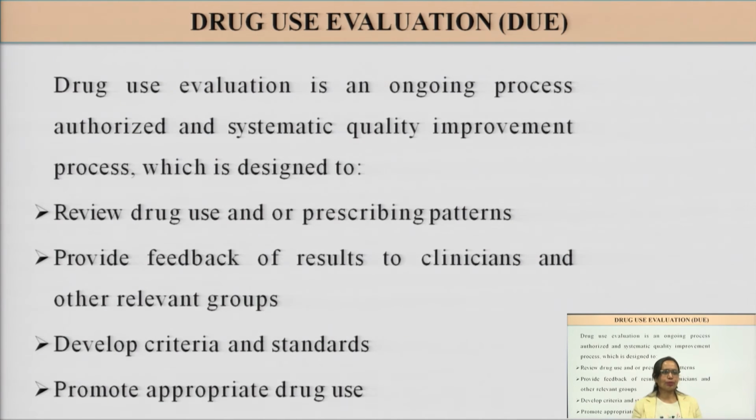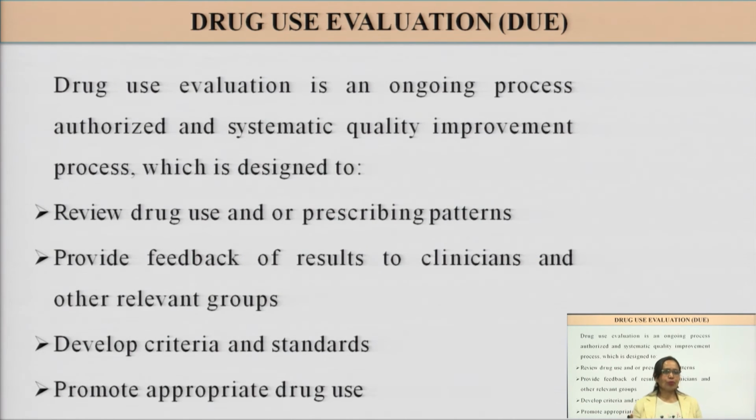And this drug use evaluation is also designed to develop the criteria and standards. What are the standards? What are the criteria? All these can be developed by this drug use evaluation. Okay. It is also to promote appropriate drug use.